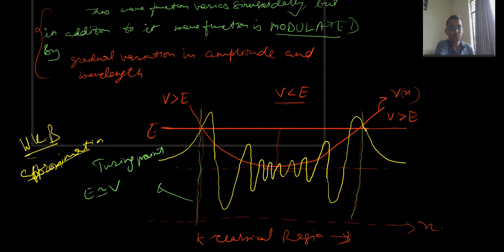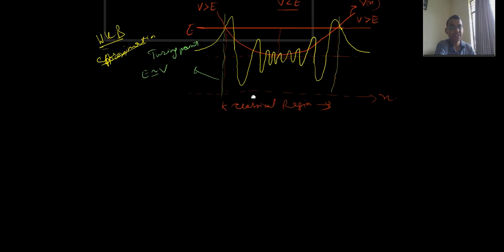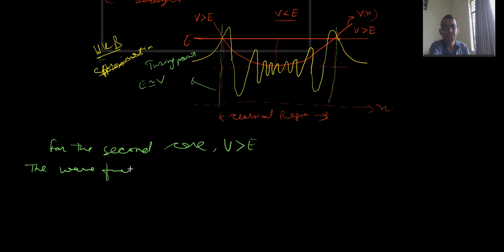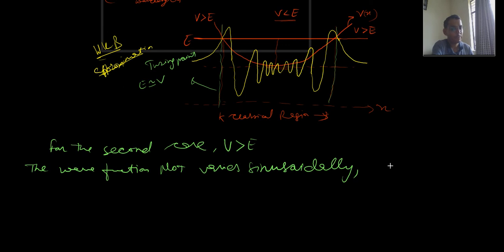So that means what's going on in the second region, for the second case where V is greater than E, the wave function does not vary sinusoidally but varies exponentially.